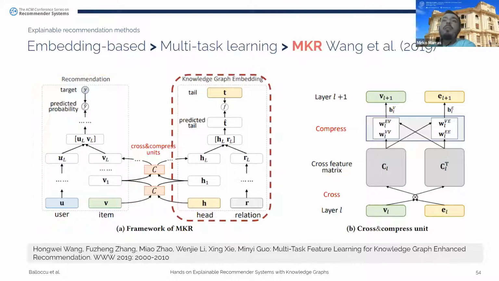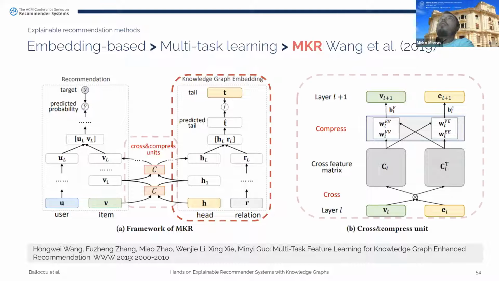Similar to the left part, the KG module on the right also uses multiple layers to extract features from the head and the relations of a knowledge graph triple, and outputs the representation of the predicted tail under the supervision of a score function f and the real tail. So the goal here is that given all the triples that describe our knowledge graph, given the head entity and the relations, to predict the tail entity.